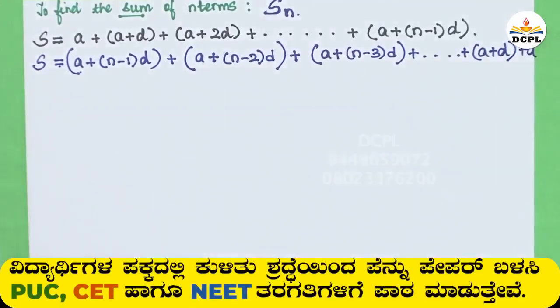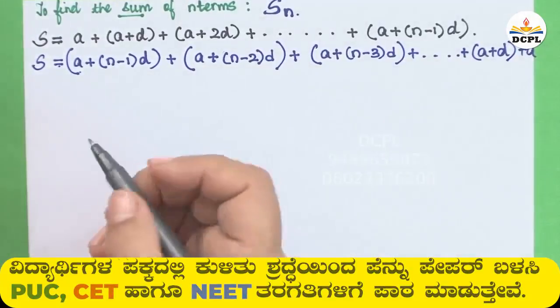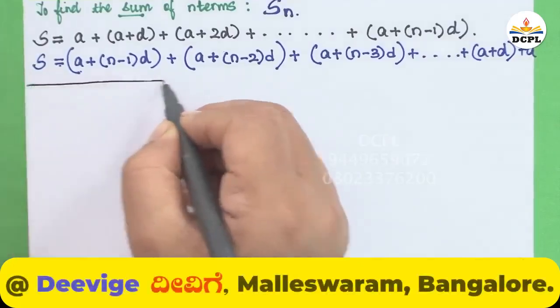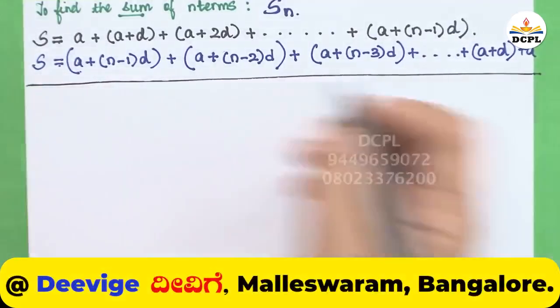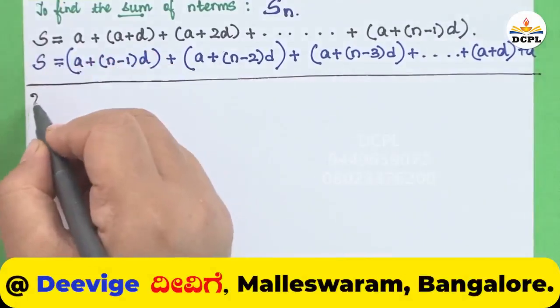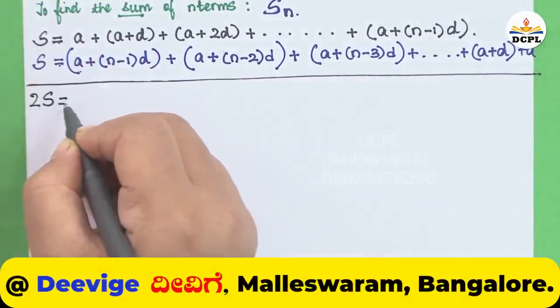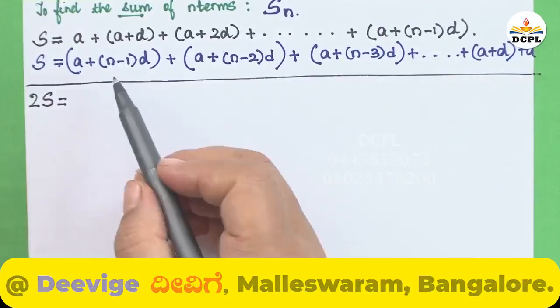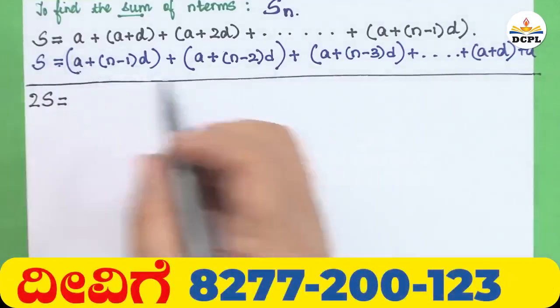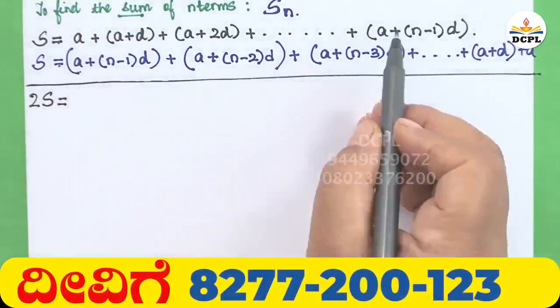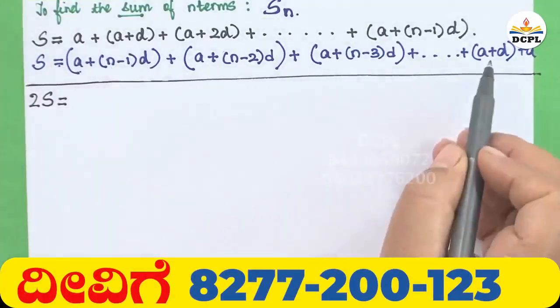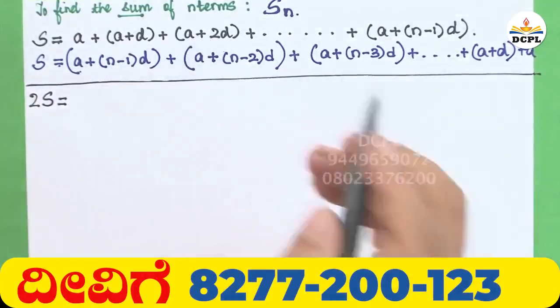Now we need to add both these expressions. On adding both these expressions, S plus S on the left hand side will give us 2S, and rearranging and adding, we will get a plus a, that is 2a. So this is appearing 2 times, this again will appear 2 times.